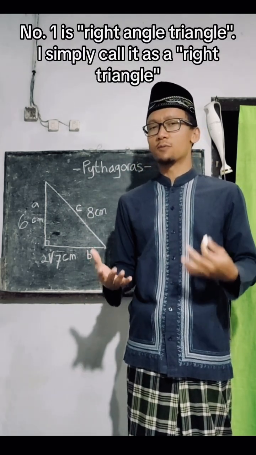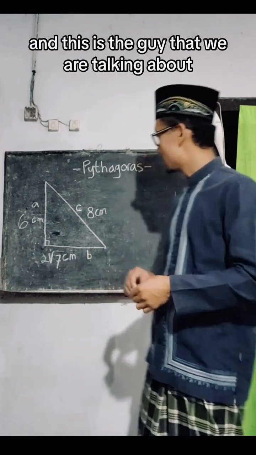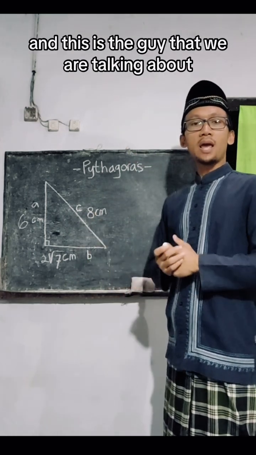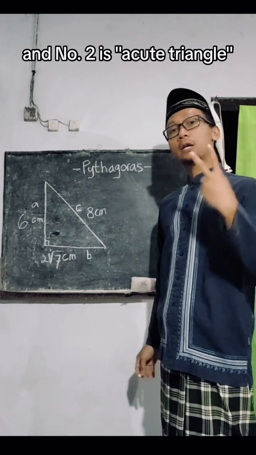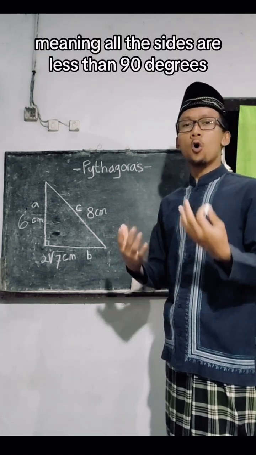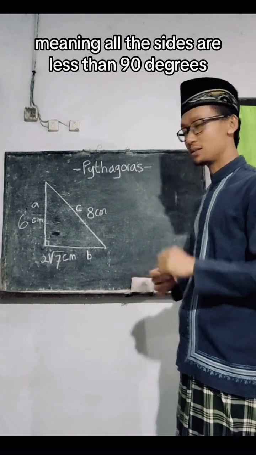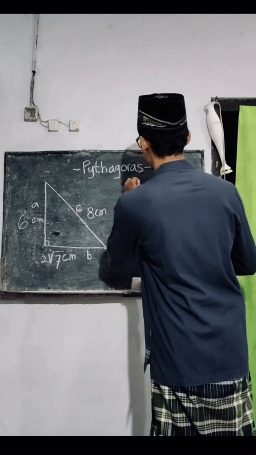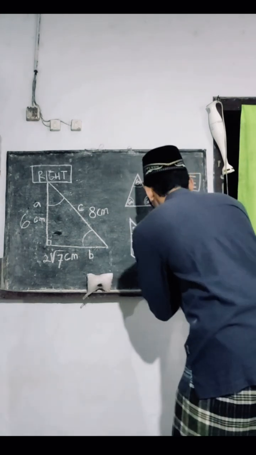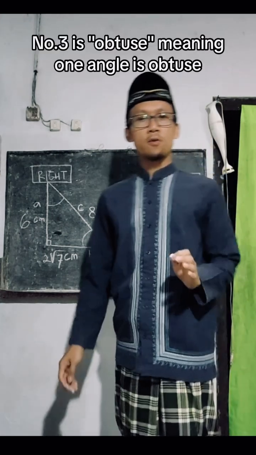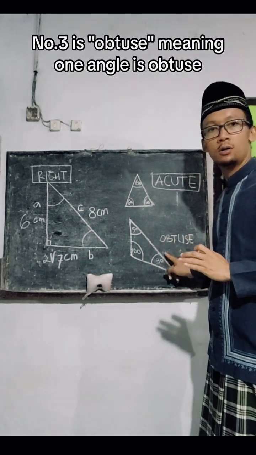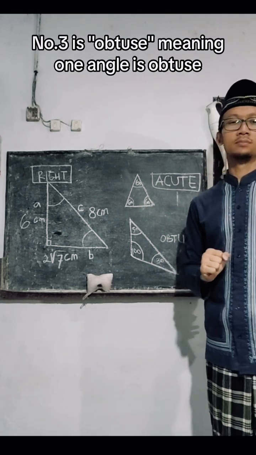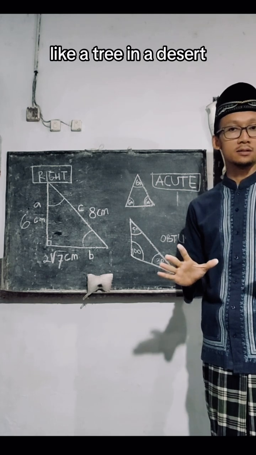I'll simply call it a right triangle, and this is the guy that we are talking about. And number 2 is the acute triangle, meaning all the angles are less than 90 degrees.